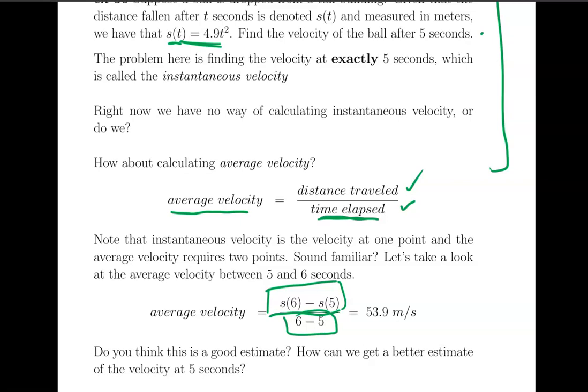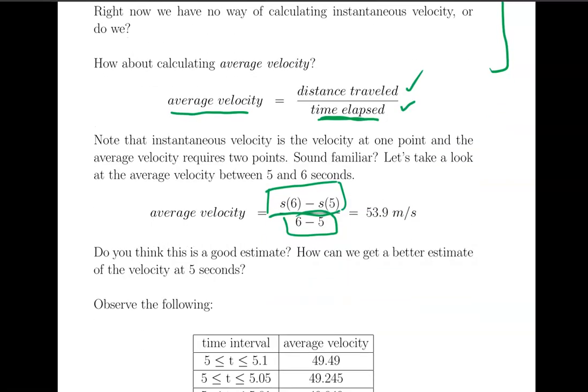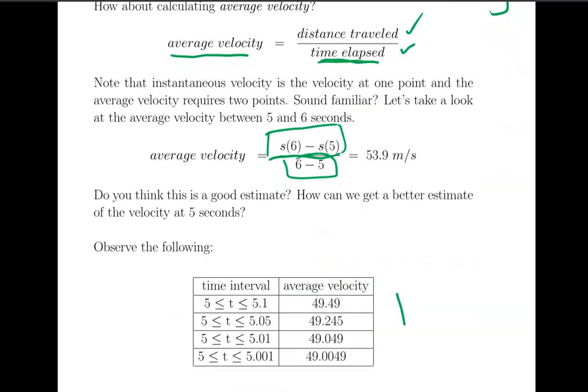Well, sure. Instead of between 5 and 6 seconds, maybe we can go between 4.9 and 5.1. If we tighten up the window of time, we'll get a better estimate. Does this look familiar? It's the same basic thing we did before. So between 5 and 5.1, how would I calculate this?